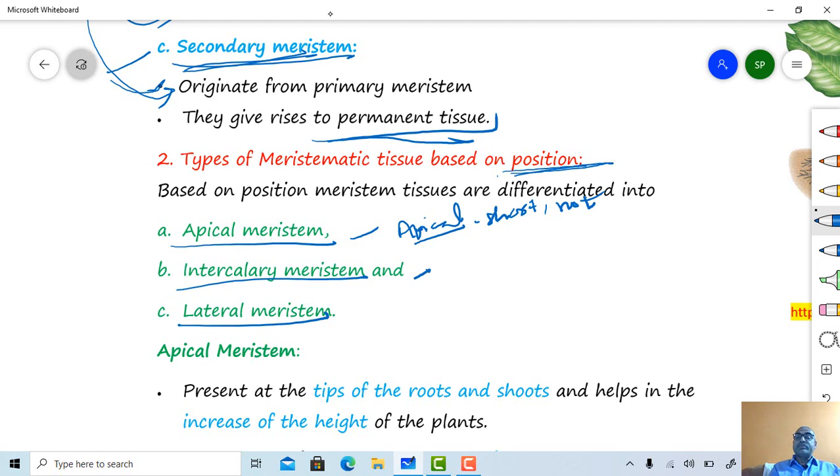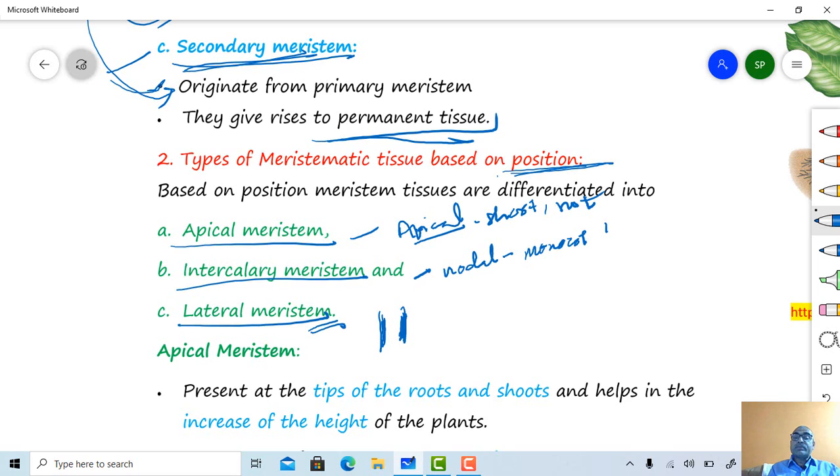Intercalary meristems are generally present at the nodal region and particularly in monocots. And lateral meristems are generally present at the peripheral region, which gives rise to the secondary growth in the plant.